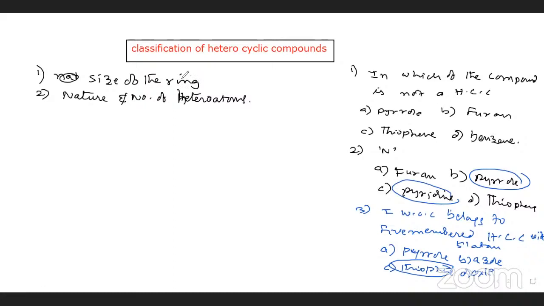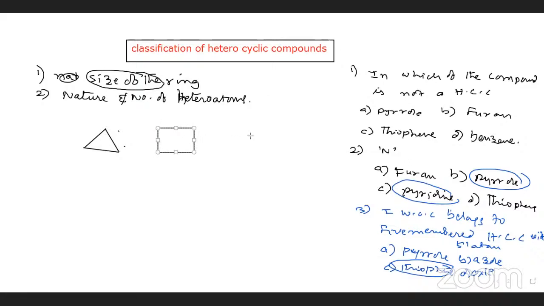So clearly, we can classify heterocyclic compounds based on the size of the ring. Suppose the heterocyclic system has 3 atoms, or 4 atoms.